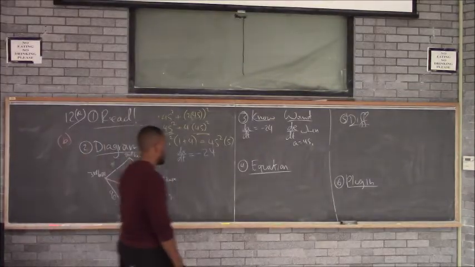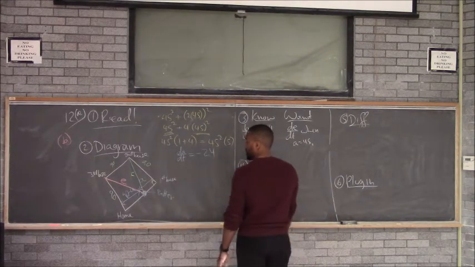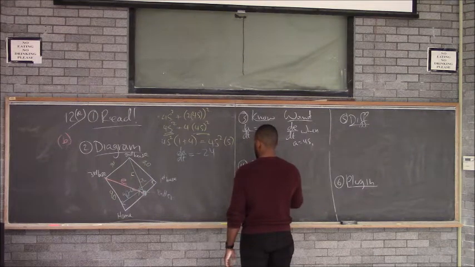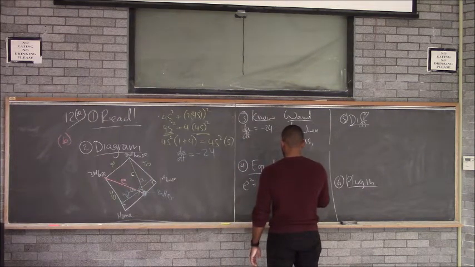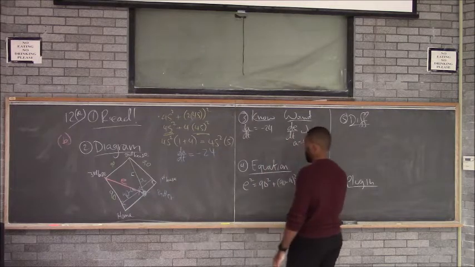So I'm going to set up Pythagoras' theorem with that. So that means E squared is going to be equal to 90 squared plus (90 minus A) squared.